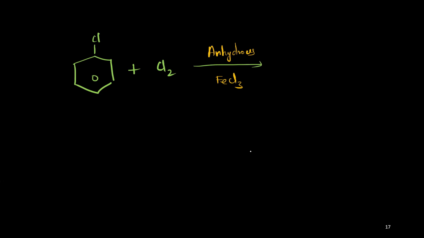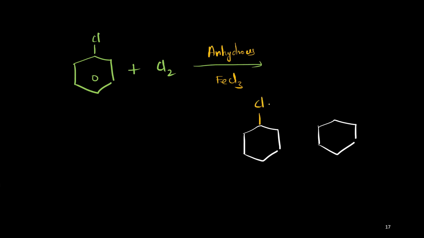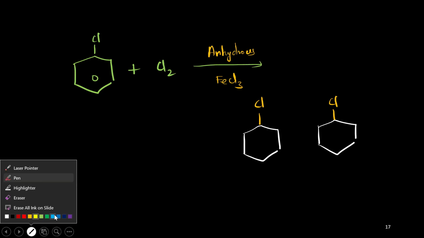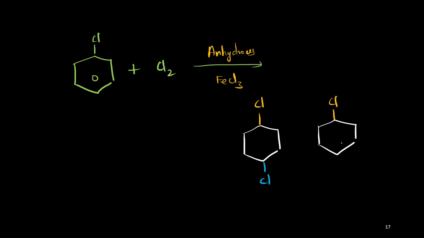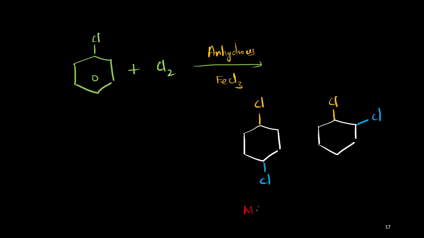One is the benzene ring containing the chlorine, and whatever the other chlorine attaches, it could be either here or here. So either it will attach here or it will attach here. Remember, this will be the major, this will be the minor. Understood?